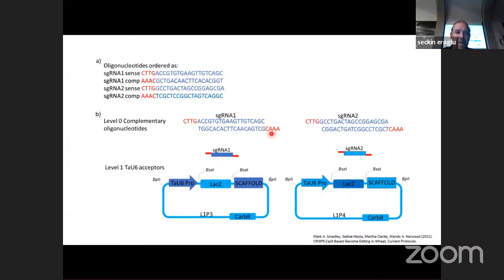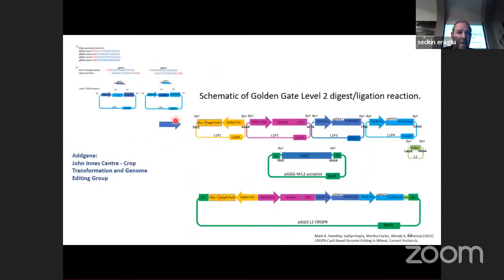We then do a Golden Gate reaction, and these are then dropped into the level 1 position. And I will explain a little bit about this very efficient system with a high percentage of white colonies.